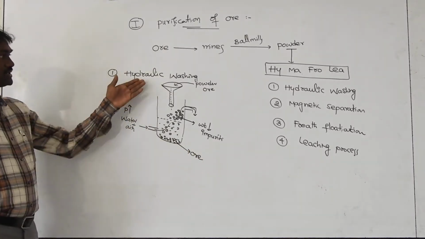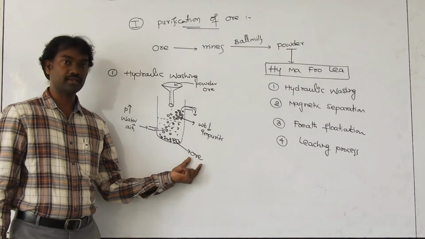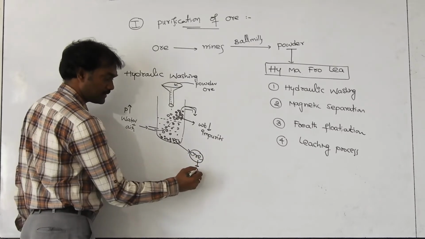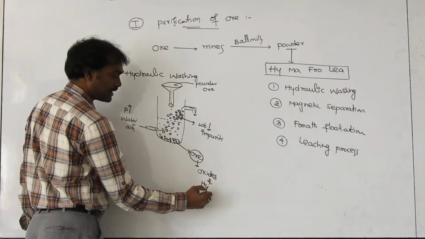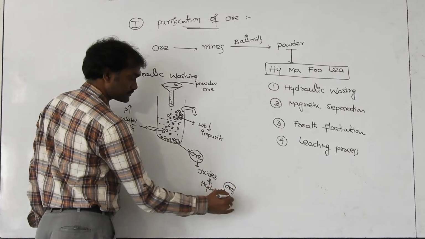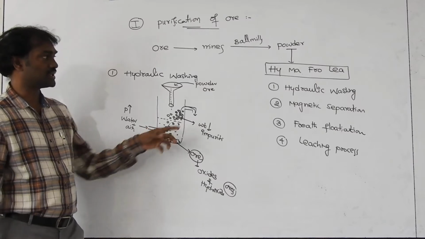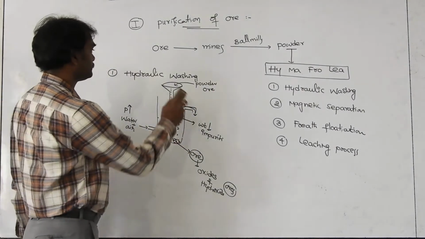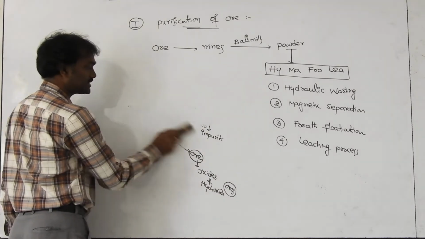This process is called hydraulic washing. Which ores are purified in this? That is important in our entrance: oxide and hydroxide ores are purified in hydraulic washing. So that is the first one. Next, the second process, magnetic separation.